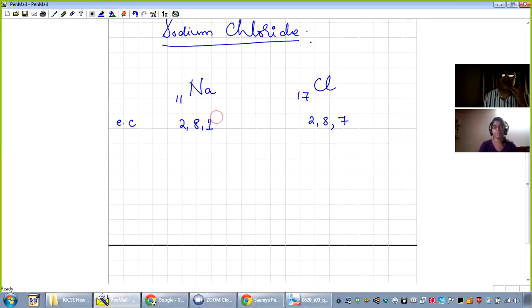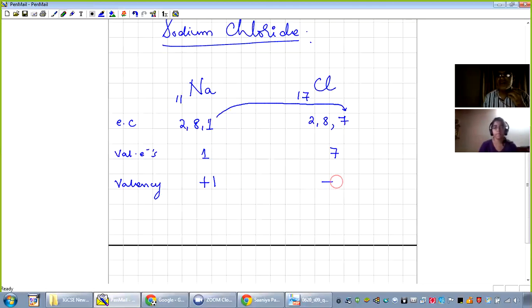So one electron will be transferred from Na to Cl. So your valence electrons will be 1 and 7, the number of electrons in the outermost shell. And then valency. For Na it will be +1, because an electron is lost, a negative charge is lost.